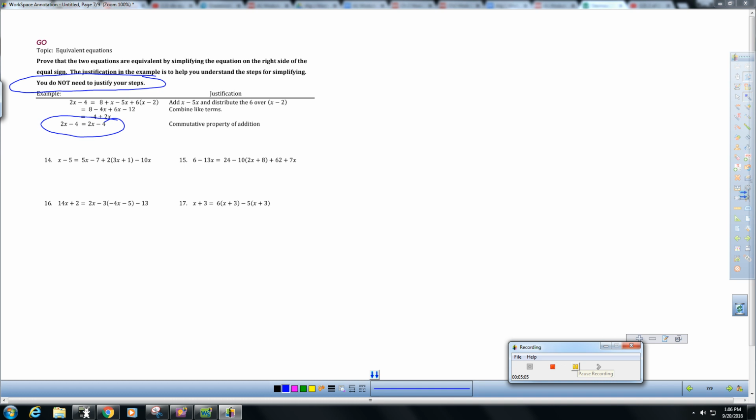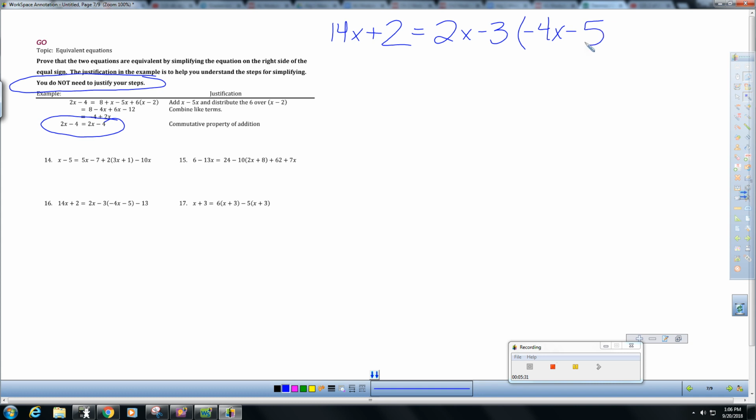Okay, so on this side we have 14x plus 2. On this side we have 2x minus 3 times negative 4x minus 5 minus 13.